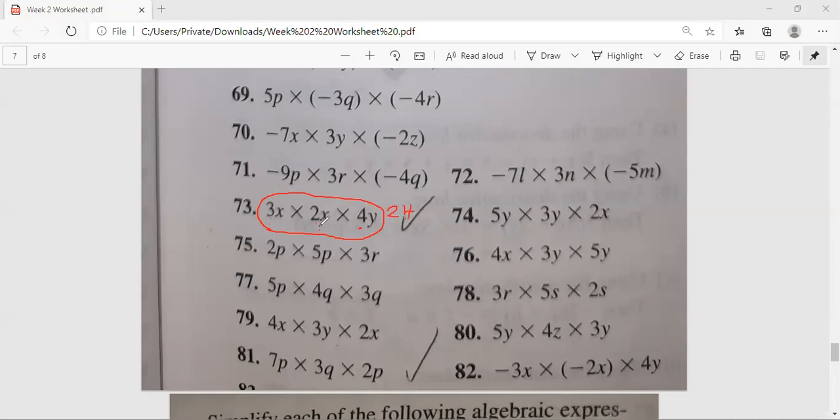Because remember, if you notice, it's 2x we're dealing with here. So that would right away give us an x squared. And then we have y, right? Good.